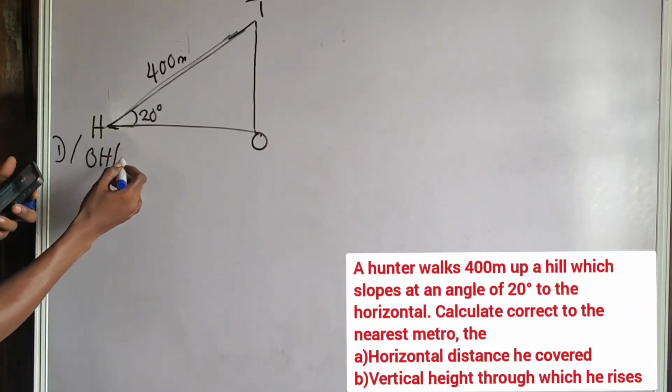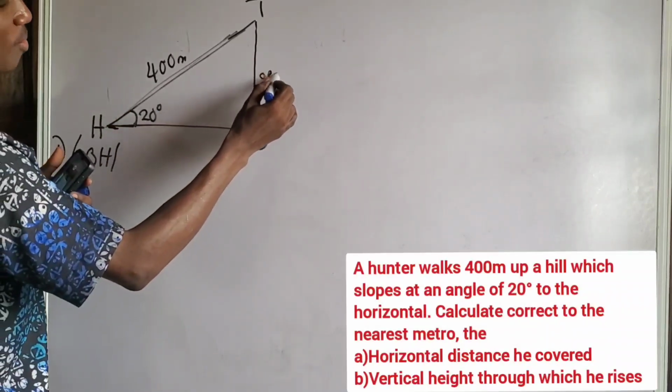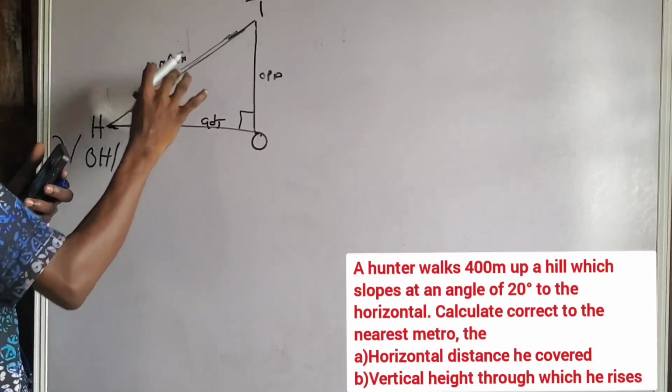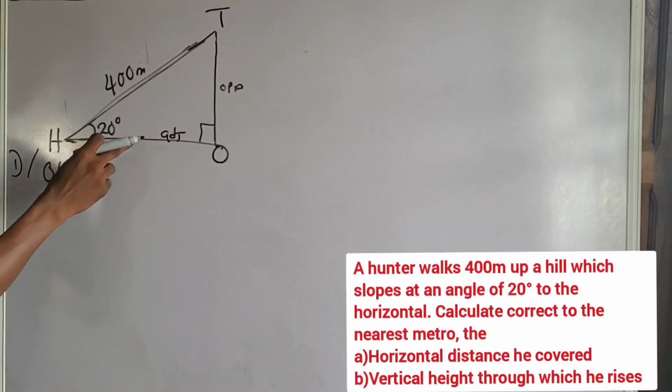To get the value of line OH, this is the angle that we are given. This side will be the opposite, and this side will be the adjacent. And this is the hypotenuse. To get the value of the adjacent, what trigonometric ratio are we going to use that combines adjacent?